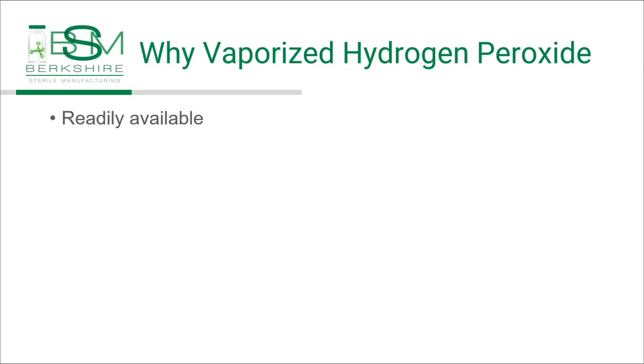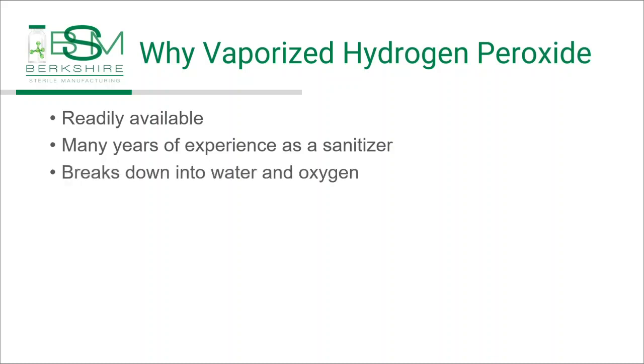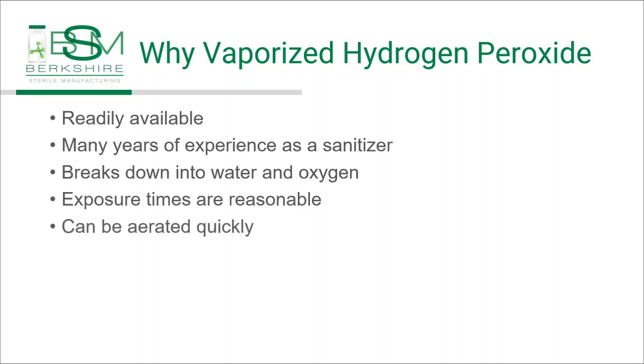Why has vapor hydrogen peroxide become the number one choice? It's readily available. There's many years of experience with it as a sanitizer. It breaks down into water and oxygen, so there's no residues left after the sanitization and aeration is completed. Exposure times are reasonable. They can be aerated fairly quickly.